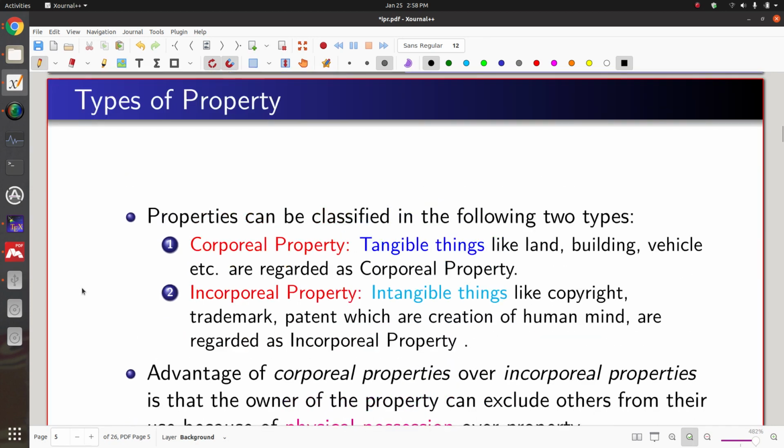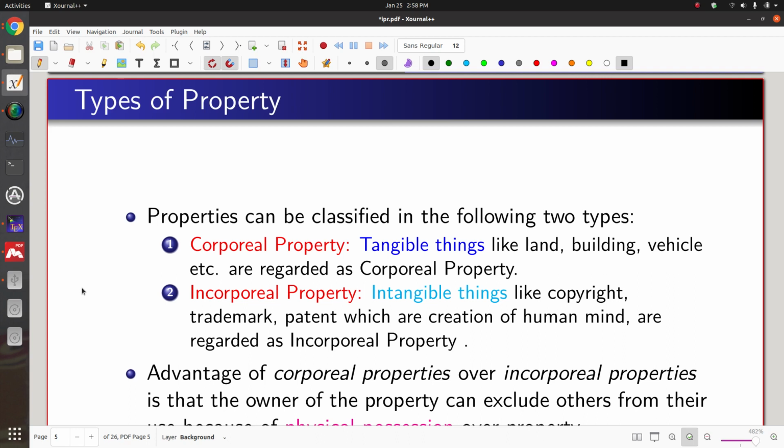Okay, now we can classify the property into two categories. First is called corporeal property. So corporeal properties are the properties that are tangible things actually. So tangible things, that means the things that you can touch, you can see, like land, building, vehicle, etc. All these are called tangible properties.